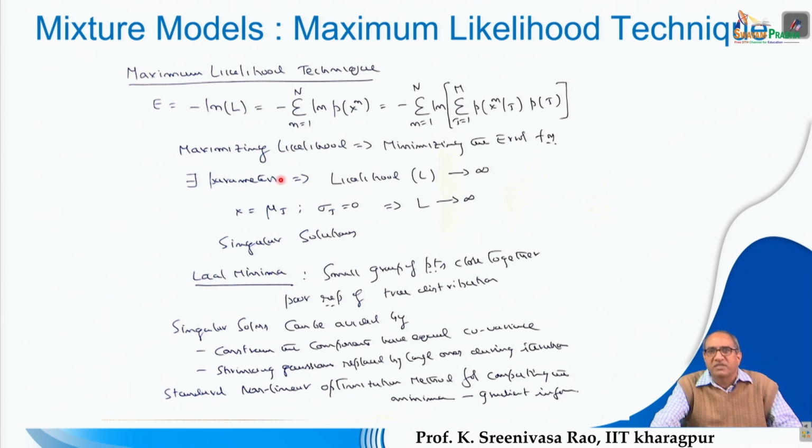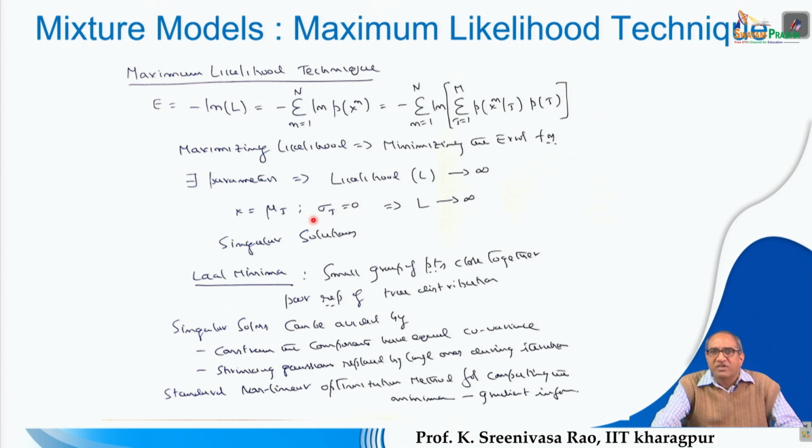There exist some parameters where the likelihood may reach infinity. Suppose the data point is equal to the mean, at that time the likelihood reaches infinity. When the mean coincides exactly with the data point, mu minus x reaches 0, and the likelihood peaks up and reaches infinity. So these are the singular solutions.